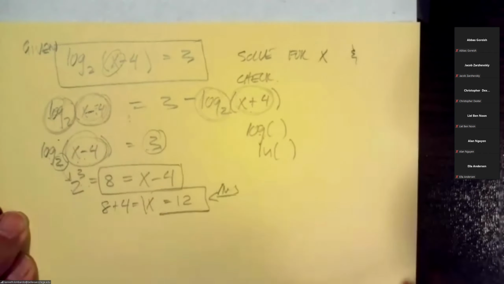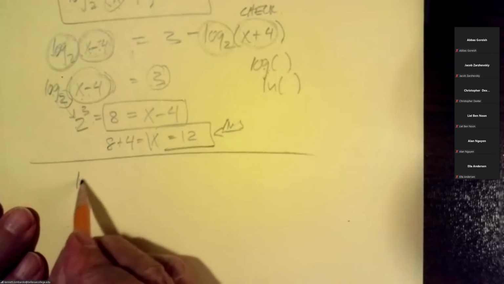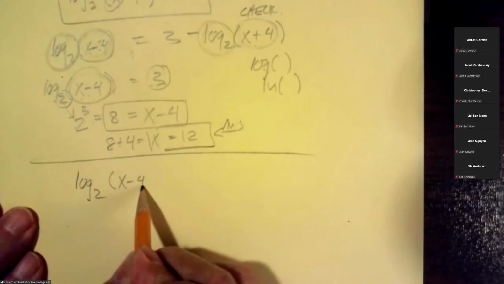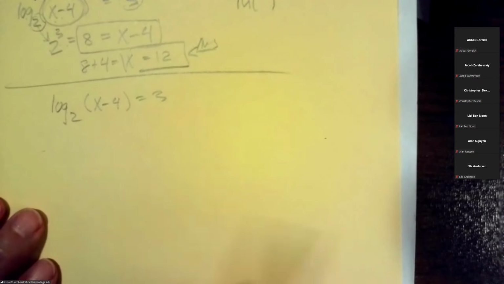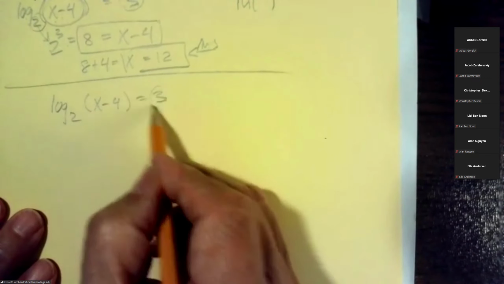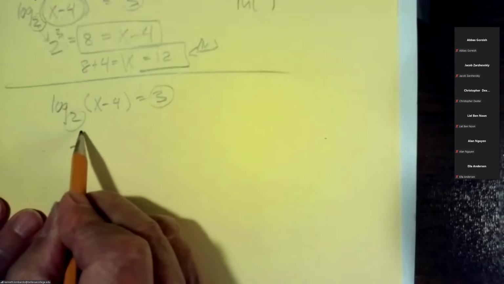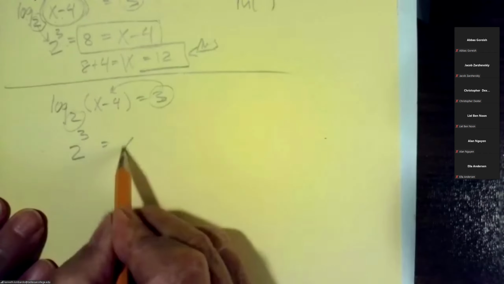Does that make sense to everybody, what we did there? Could you quickly go over that again? Yes, I will. Log base 2, x minus 4 equals 3. I know that a log is an exponent. Here's the exponent, here's the base. So this is 2 to the 3 equals this value here, which is x minus 4.